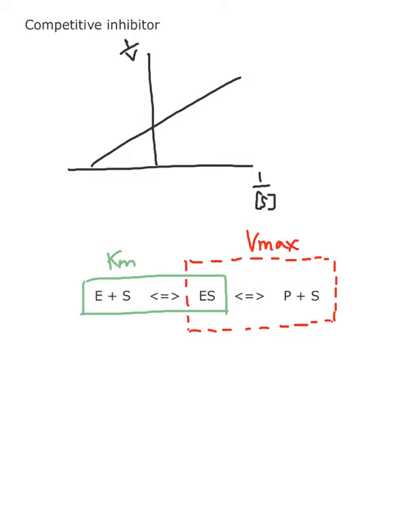Competitive inhibitor would bind to the enzyme active site and compete with your substrate, correct? So it binds at the enzyme active site.